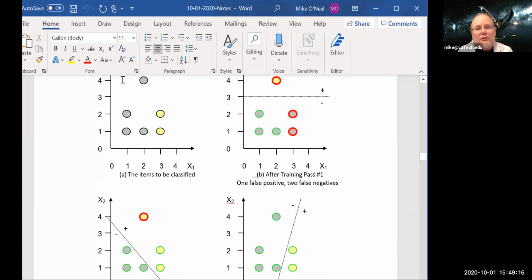So this problem is unlearnable. But for higher than 3 dimensions, you can't visualize. Your brain isn't built to, just like my cat's brain's not built for calculus, your brain's not built to be able to see that. But we can still talk about it. We still know mathematically that in n-dimensional space, it's an n-1 dimensional hyperplane.